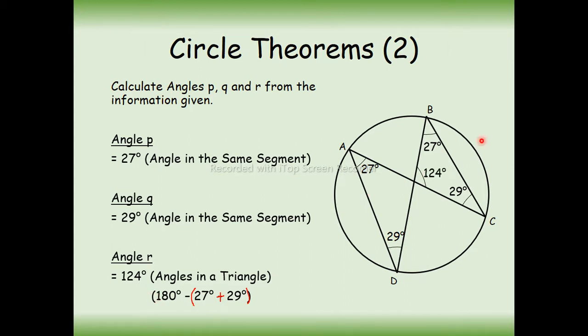So 124 is the correct answer. Very easy stuff, right? Just the bow tie rule and remembering angles in a triangle.